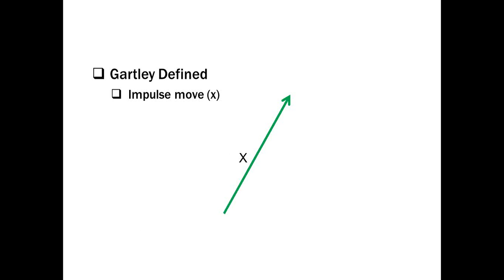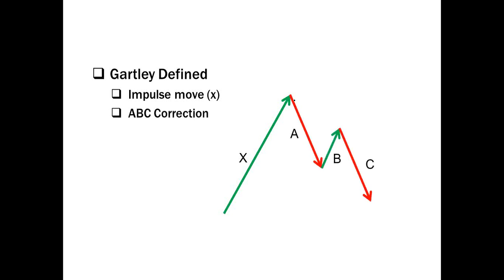And then what we look for is what we call an ABC correction. Now this is where the subjectivity comes in, because no two Gartleys are ever really going to look alike. Sometimes they will, but they can be hard to spot in the market. An ABC correction is once the market is making a series of higher highs and higher lows, an A would be once the market starts coming down and forming a series of lower highs and lower lows.